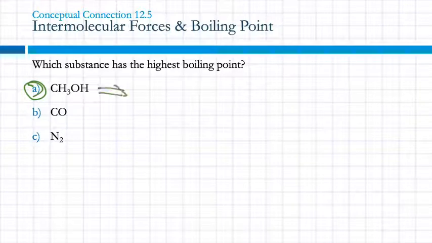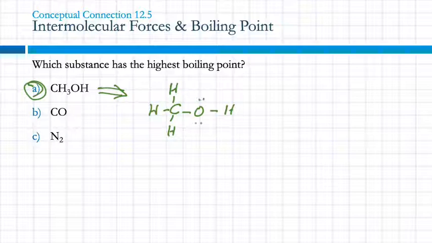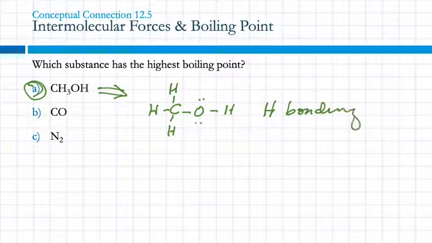And so this is representing a Lewis structure like this. If you try to draw that Lewis structure, you're not going to be able to draw it without having an oxygen-hydrogen bond. So this one's got hydrogen bonding, so we would predict that it's going to have the highest boiling point.